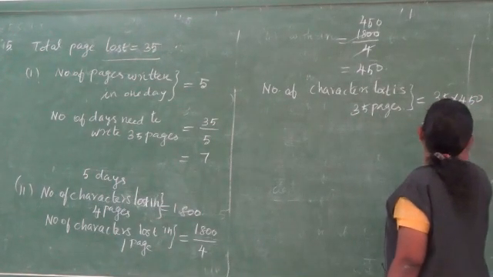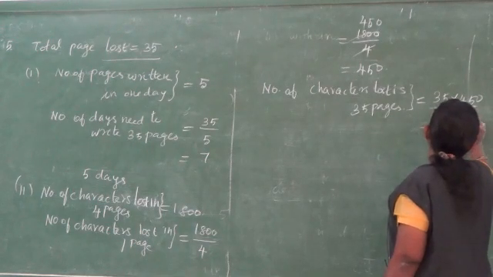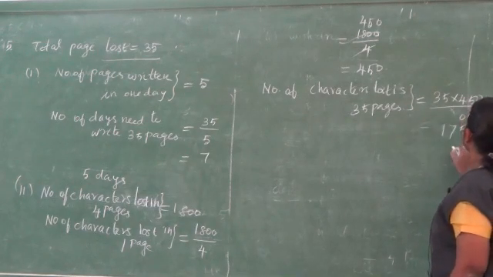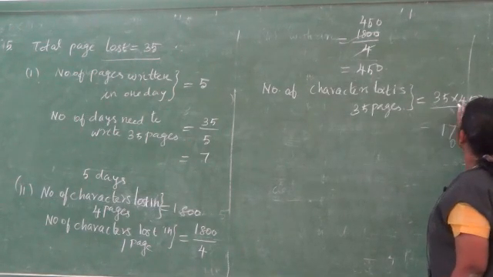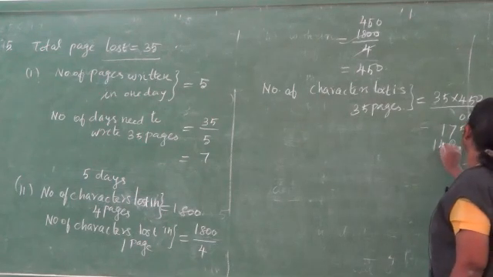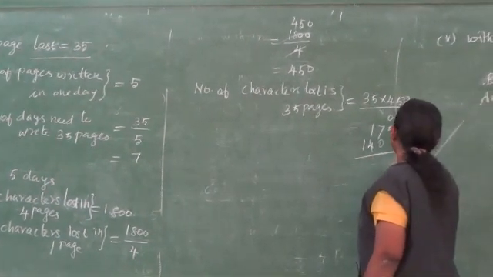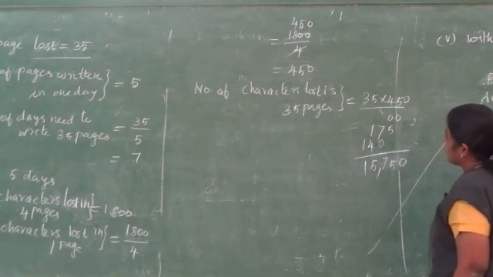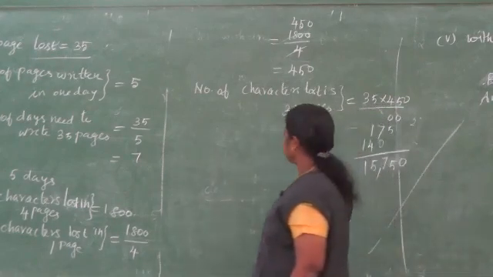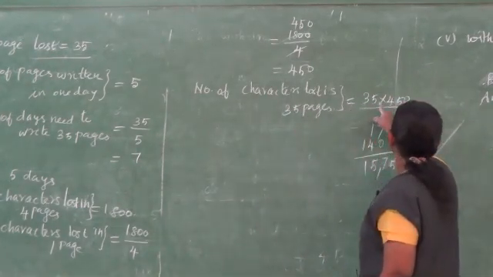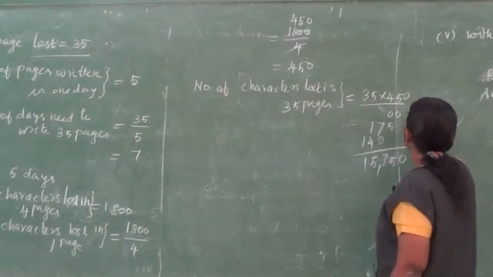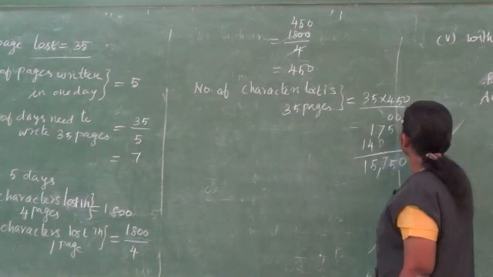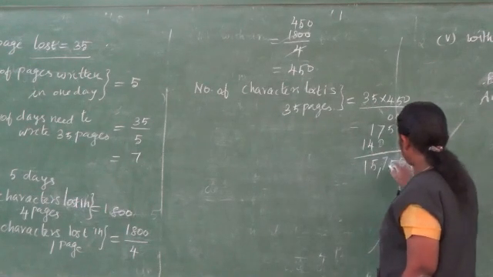If you are multiplying, 0, 0, 5 5s are 25, 3 5s are 15, 17, 5 4s are 20, 2, 3 4s are 12, 12 plus 2, 14. 0, 5, 7, 5, 1. 15,750 characters.